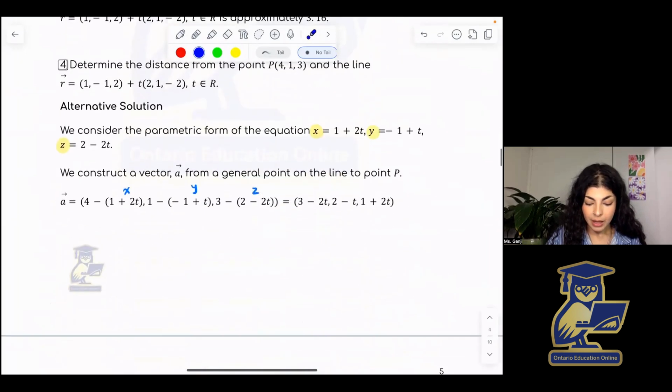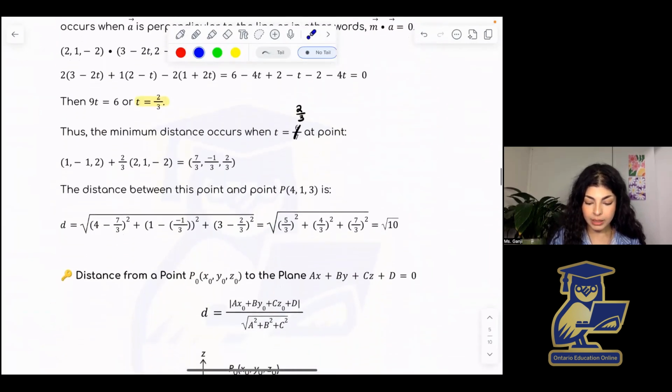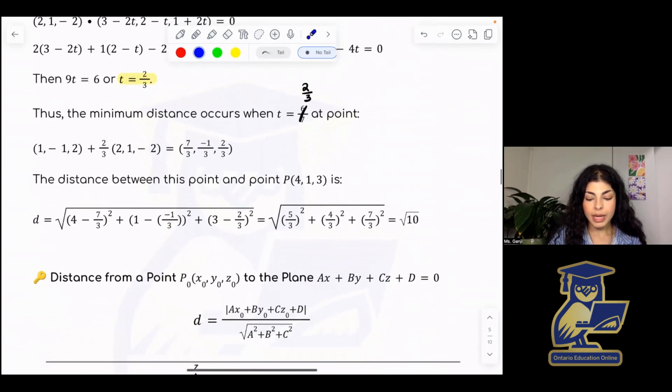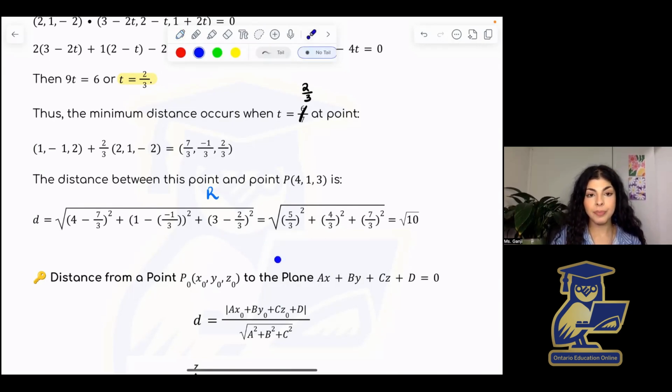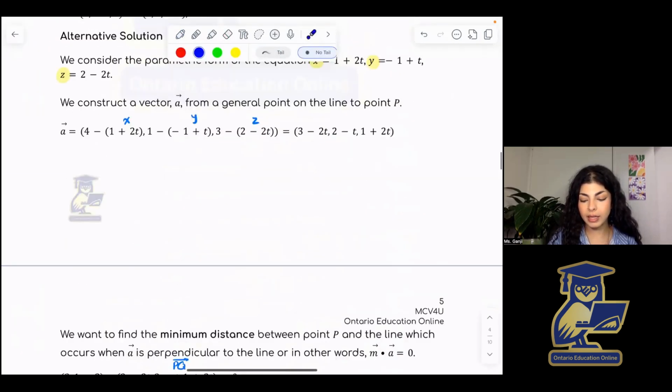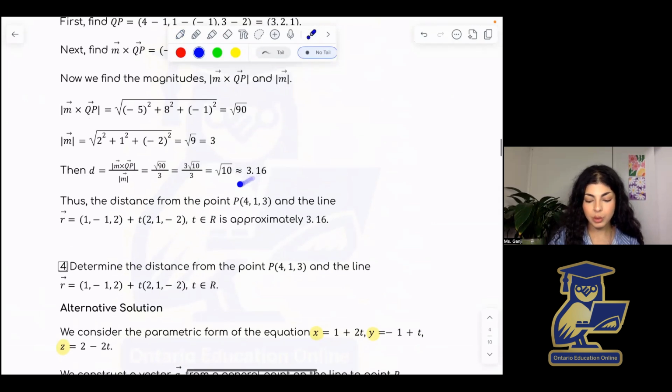Now, having found point R, the distance between that point and point P is given by the magnitude of this vector, and this is given by this expression here, which, if you simplify, gives you square root of 10. And that's exactly what we had up here, square root of 10, or approximately 3.16.